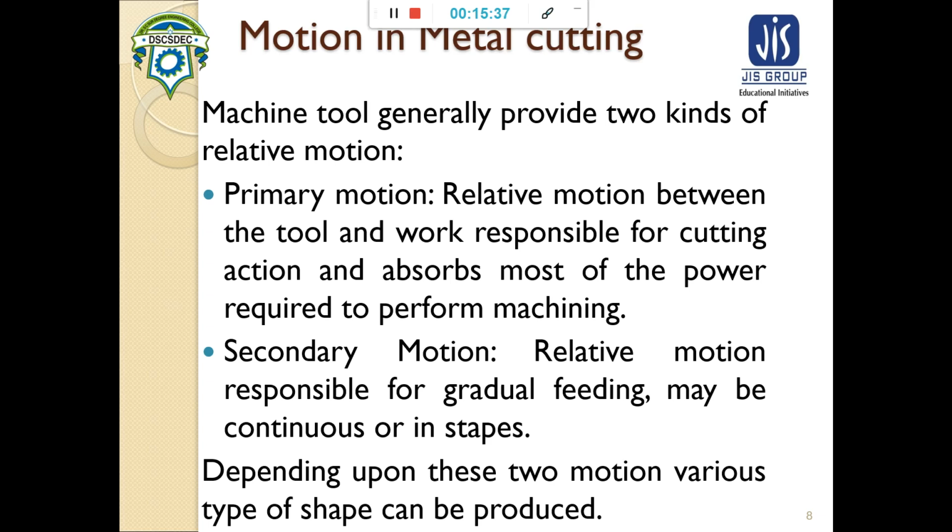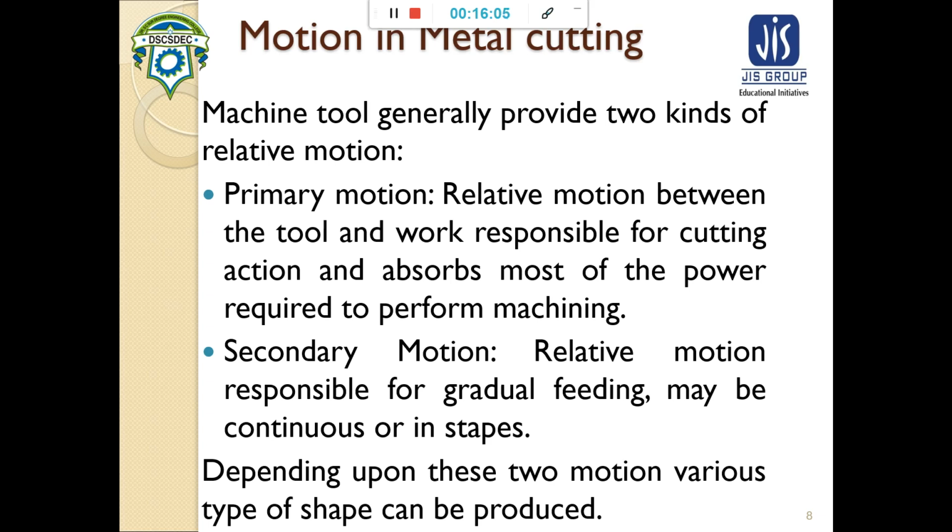Now in case of milling machine, what happens? In case of shaping machine or slotting machine, there is a reciprocating motion of the tool while the workpiece will move.